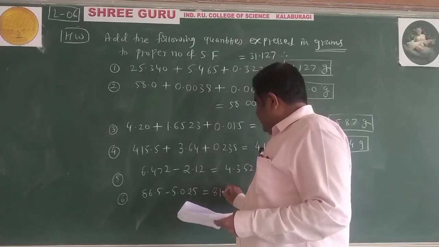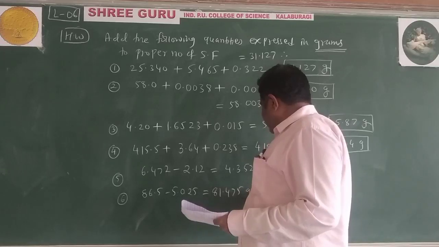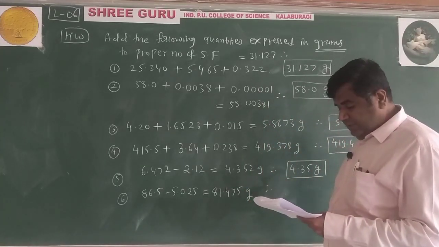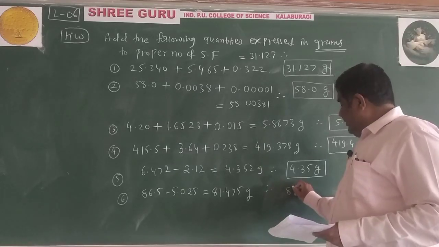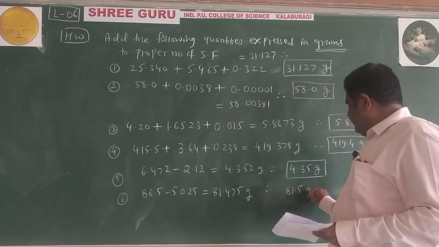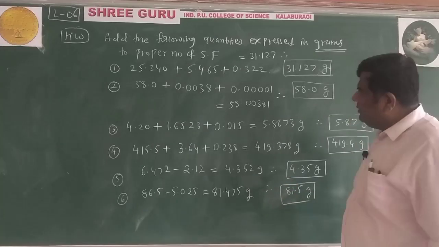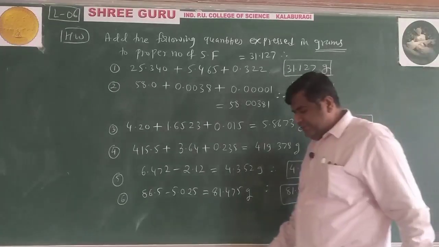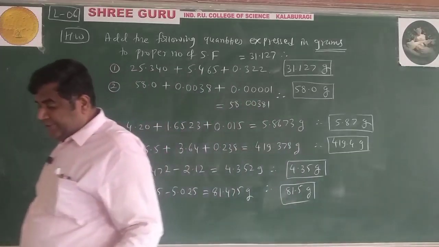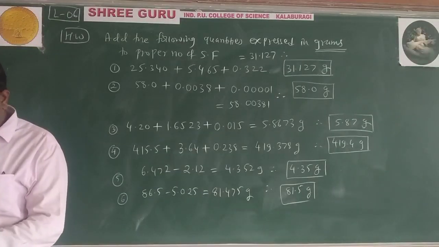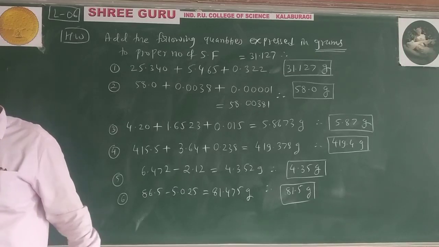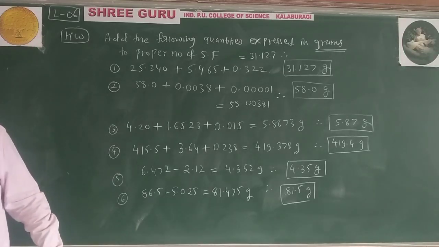I will get 81.475 gram. And see how I have rounded it off: 81.5 gram. So just do it once again, and I have told you what is to be done if you are not getting these answers. Right. Now this is only for addition and subtraction.